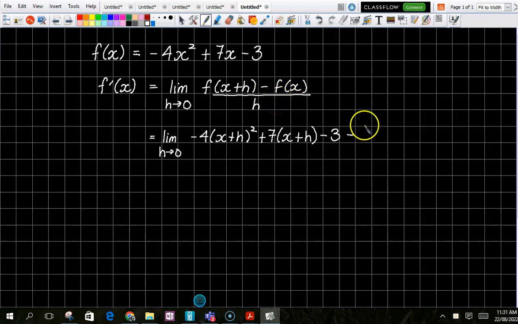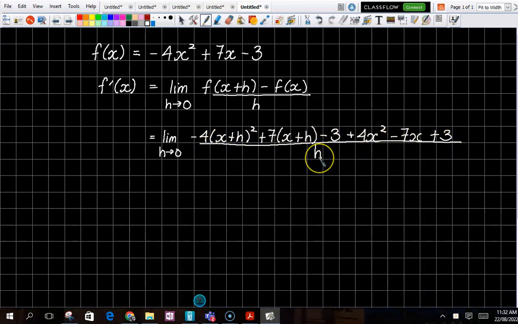Now keep in mind, you're minusing all of this, so you should put brackets around it. I'm going to be a little bit lazy because I don't want to write this out another line. So I'm going to go minus 4x squared, so that becomes plus 4x squared, minus positive 7x, so that's minus 7x, and minus 3 becomes plus 3, all over h.